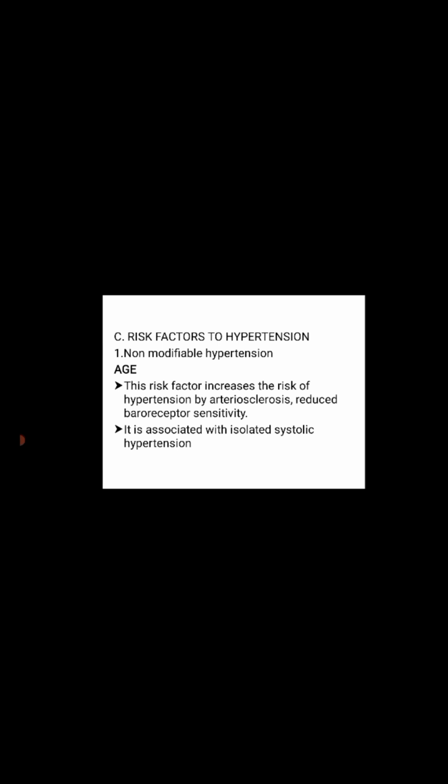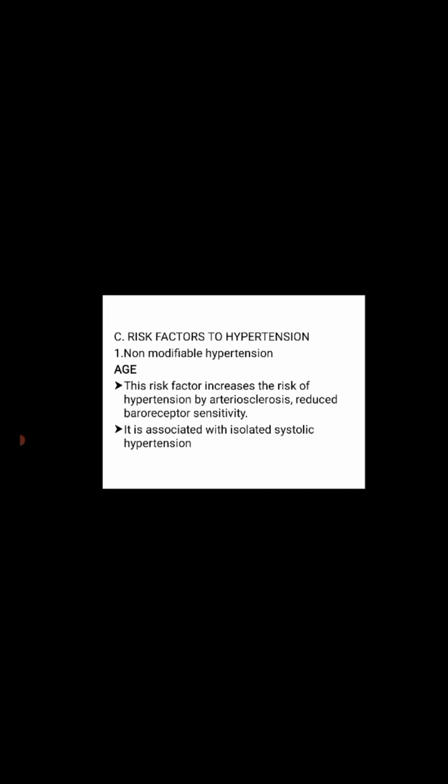So moving on, we have risk factors for hypertension. One is the non-modifiable risk factors. Number 1 risk factor is age. Age will increase your blood pressure by causing progressive arteriosclerosis, or it will reduce your baroreceptor sensitivity.